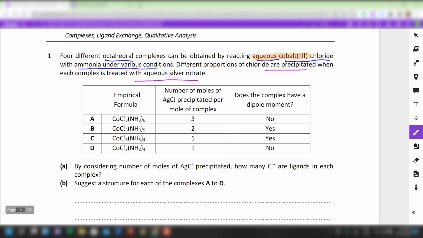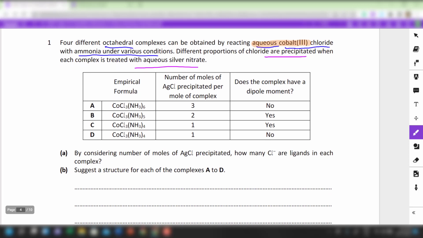Only the free chloride ions will be precipitated out by silver nitrate. The chlorides which are acting as ligands towards the cobalt 3 center will not be precipitated out as silver chloride. Essentially this is what this particular piece of information is trying to tell you.